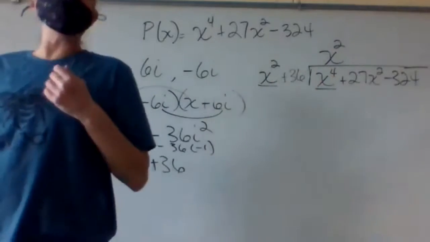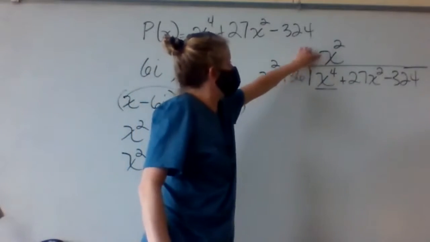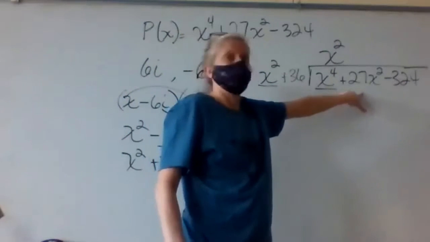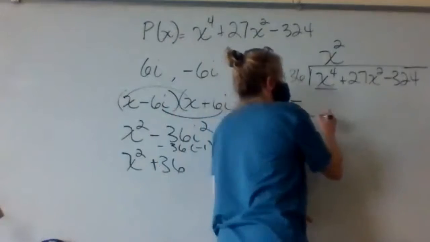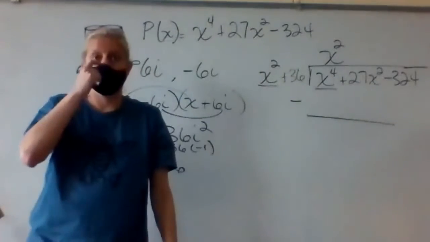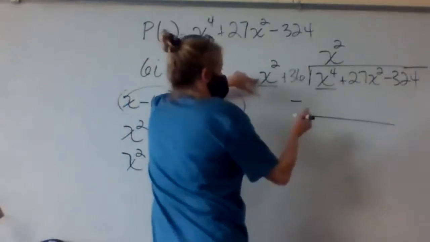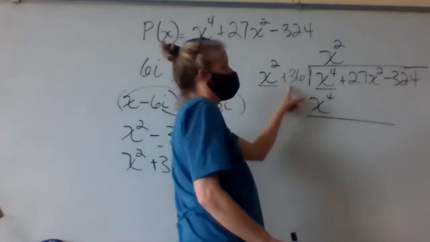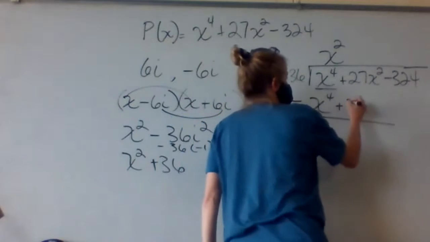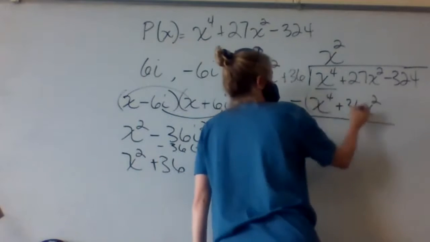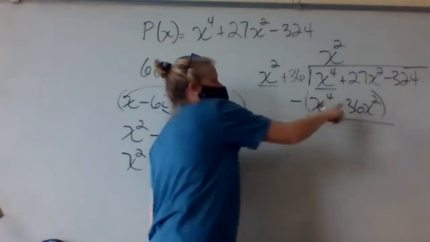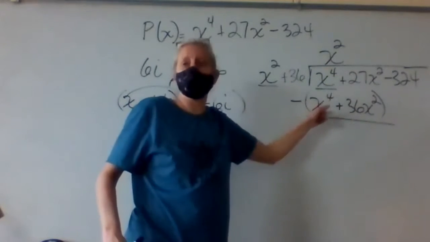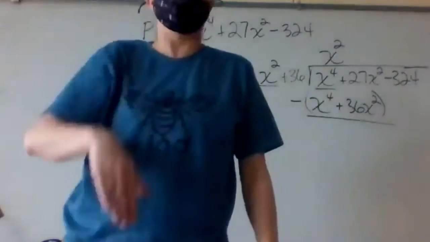Now remember, in the long division, when you put the first thing up here, you multiply it times what's here, put your answer there, and then you subtract it. So let's see, what's x squared times x squared? x to the fourth. What's x squared times positive 36? 36x squared. Good. Now, the long division rule says I subtract this from here, which is going to get rid of my x to the fourth, right?